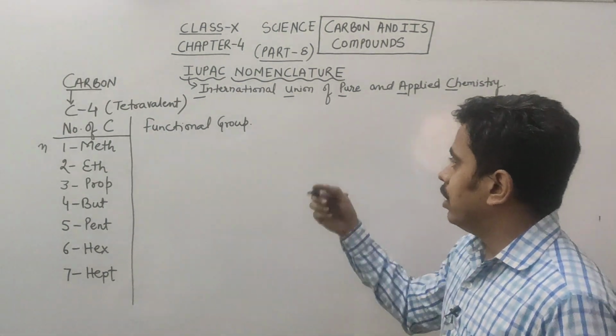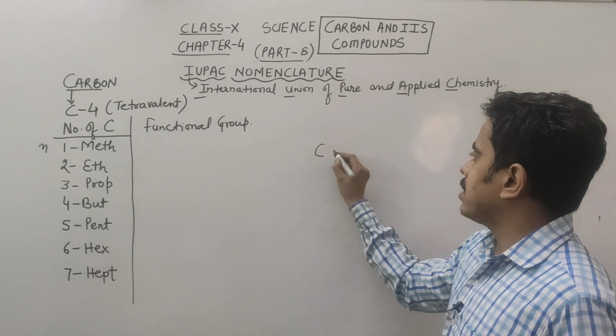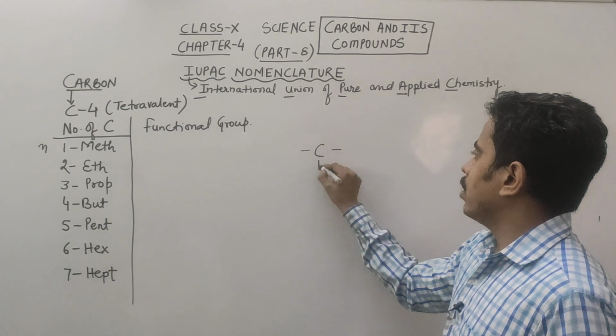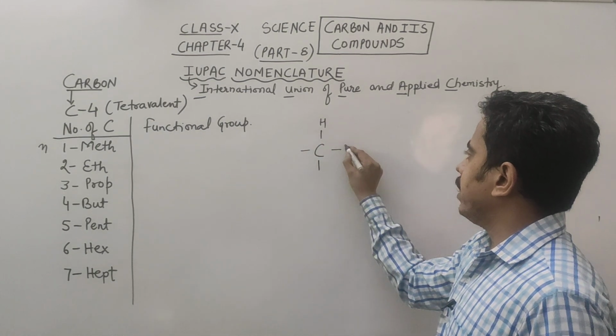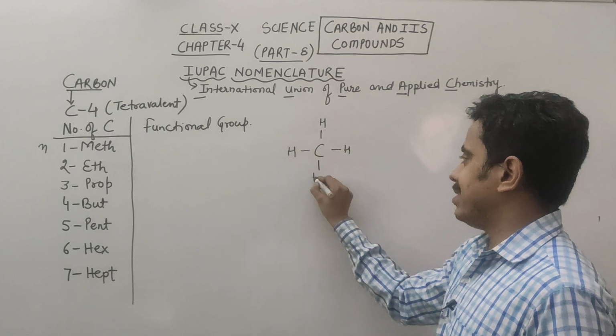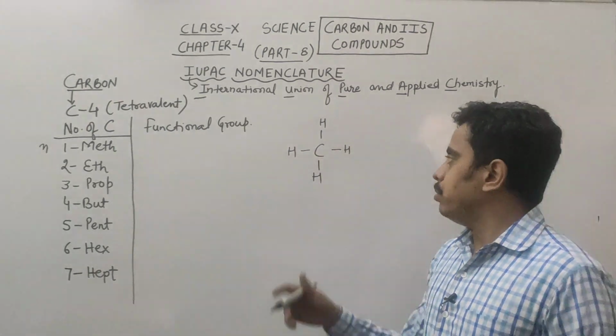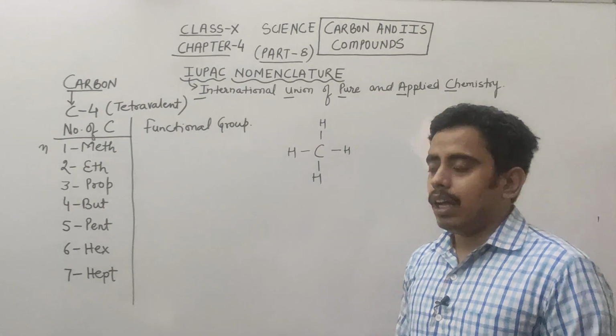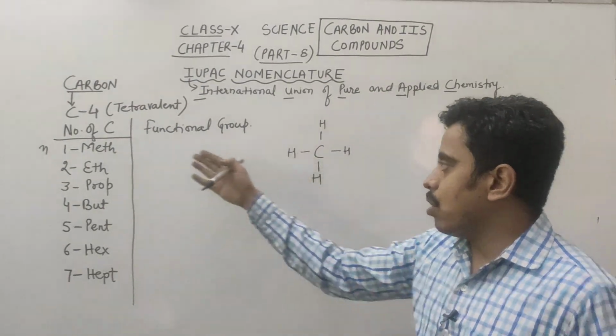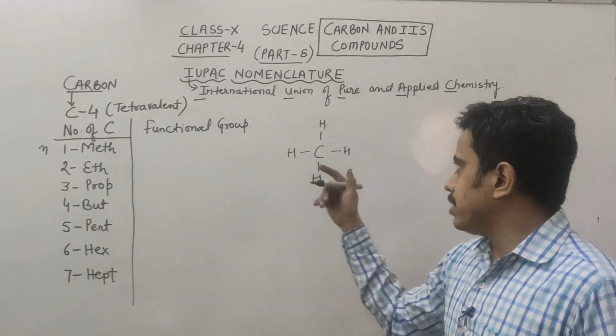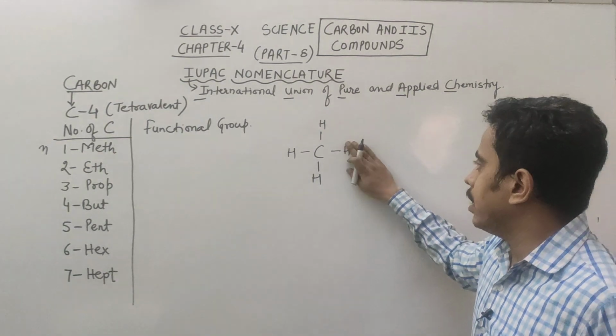So these are the prefixes you have to use. For example, this is a carbon compound. All single bonds are present in this. This is the basic formula of a carbon compound. It is methane. How many carbons are there? 1 carbon, so its name is methane.